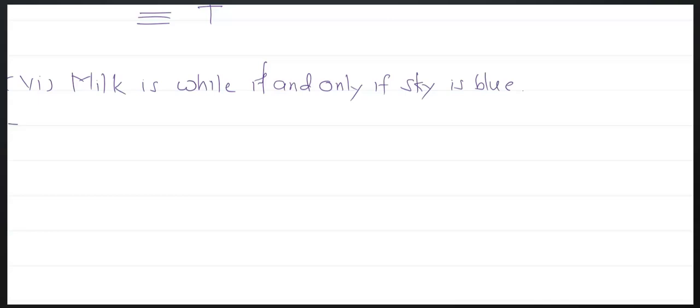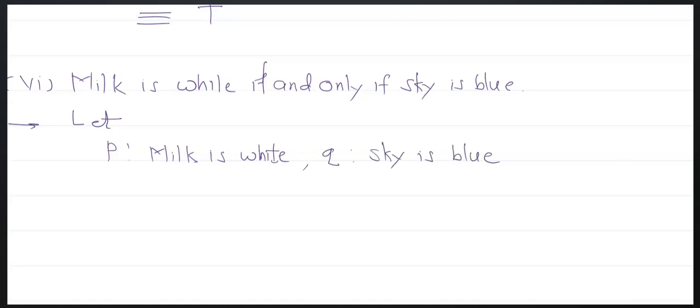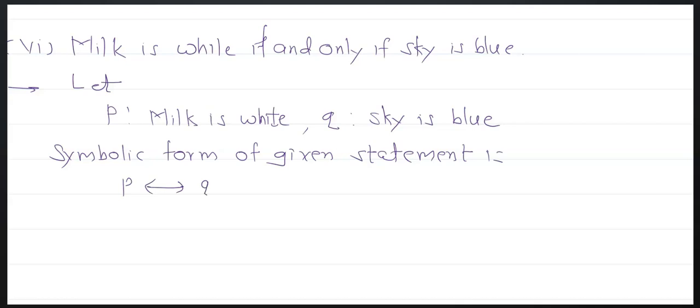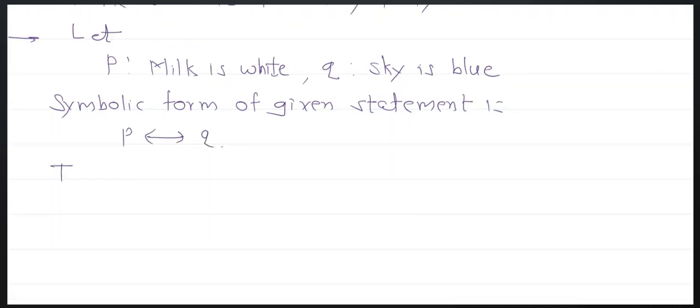Milk is white if and only if sky is blue. P: milk is white, Q: sky is blue.